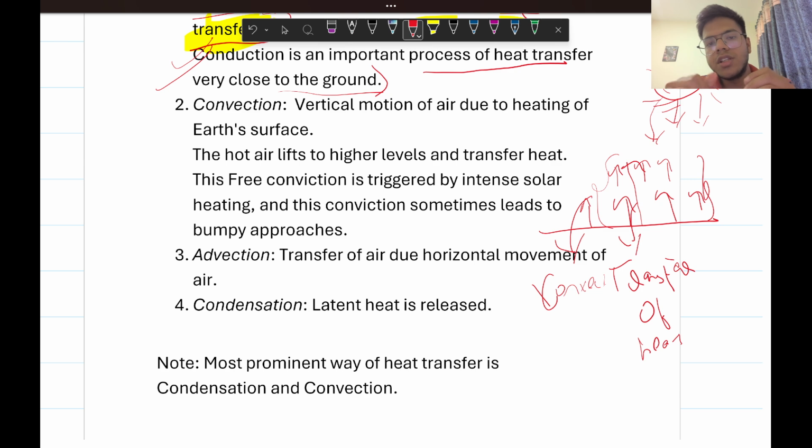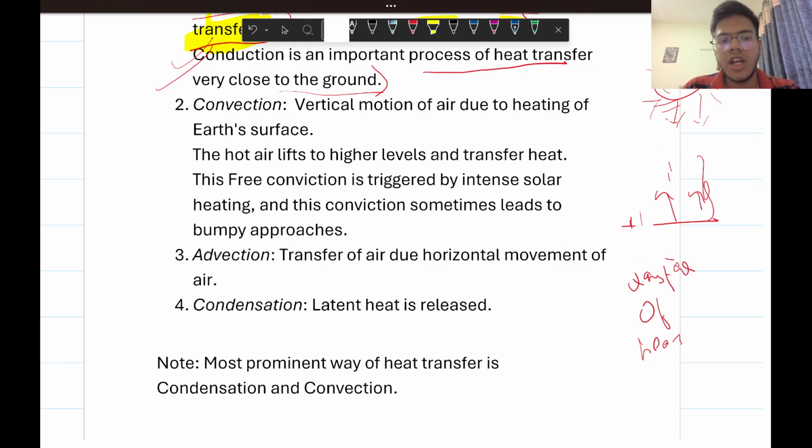Basically, suppose this is your surface of Earth, so this air which is going up from the surface of Earth, by which heat loss is happening and heat is being transferred, this whole process is known as convection. I hope guys convection and conduction are very clear to you.